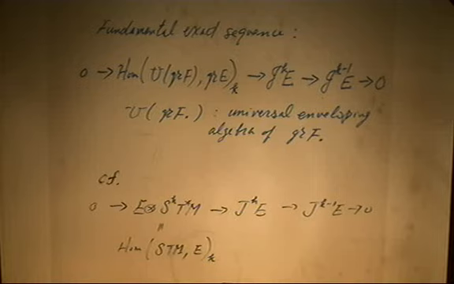Here gr E is the associated graded vector bundle, and U(gr F) at a point is, as I mentioned, the universal enveloping algebra of the nilpotent Lie algebra, which is naturally graded, and therefore U itself is graded.